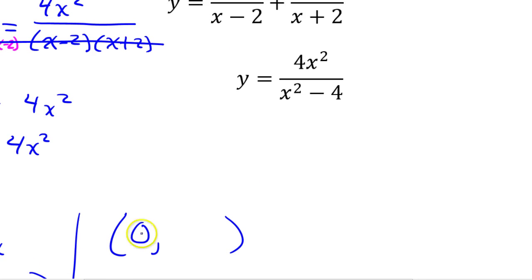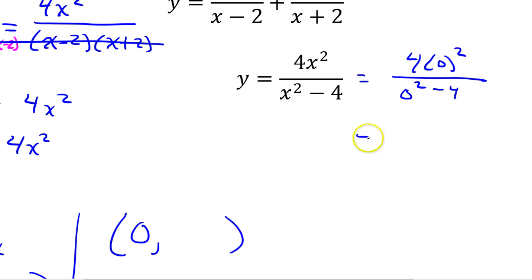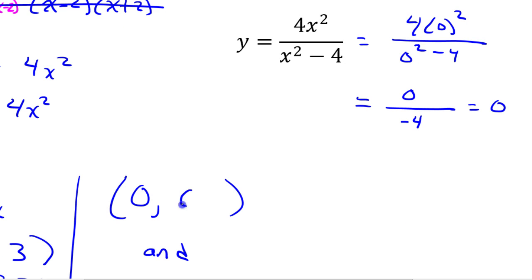So say if I substitute 0 in, then I would have 4 times 0 squared over 0 squared minus 4. Well, that's just going to give me 0 in the numerator, and then that's gone, so I have 0 over negative 4, which is 0. So I've got 0, 0.